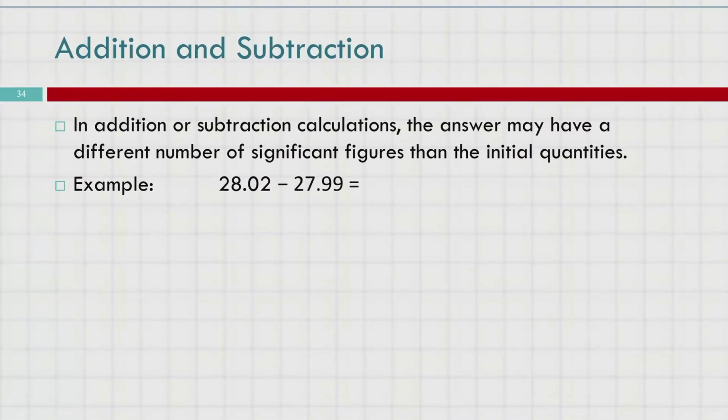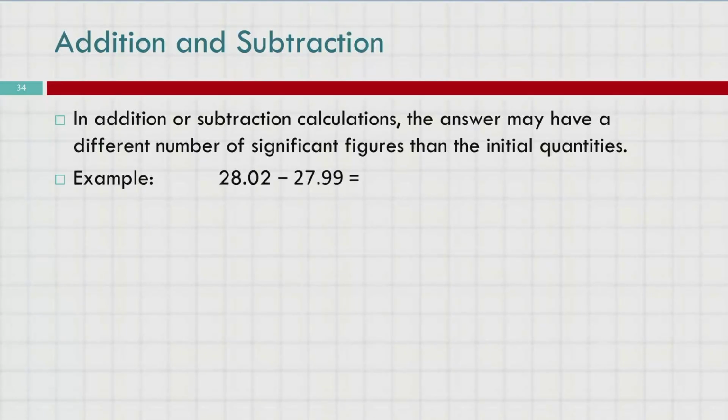All right, we can also have these fun instances where we lose or gain significant figures when we're doing addition, subtraction, since we care about decimal places. So for example, we've got 2 numbers. They each have 2 decimal places. So we're going to expect 2 decimal places in our final answer. They also, not related to what we care about in this calculation, have 4 significant figures. When we do the subtraction, our calculator should tell us that this is 0.03.